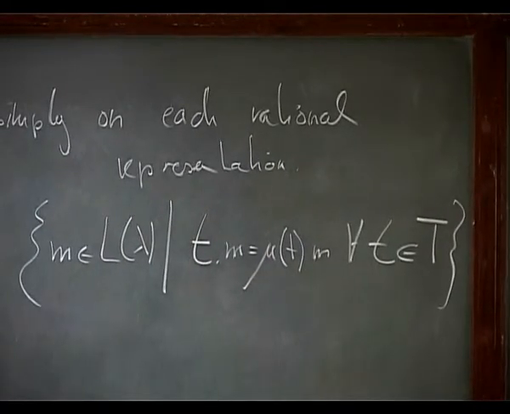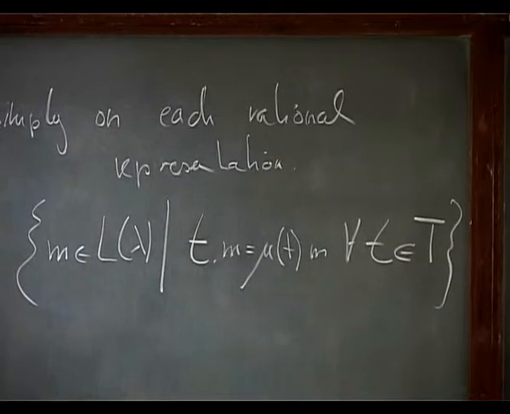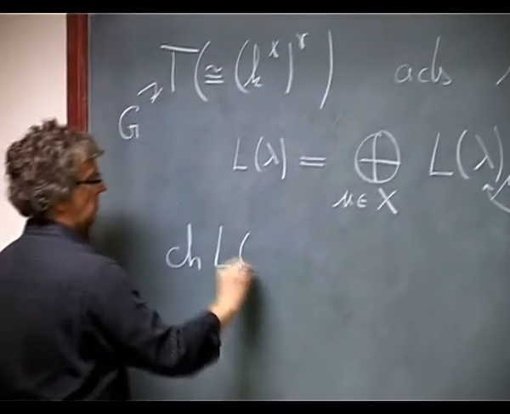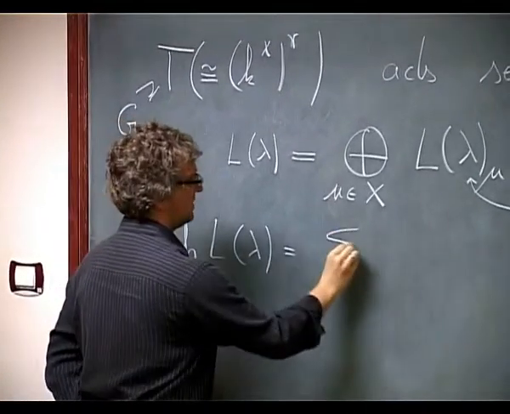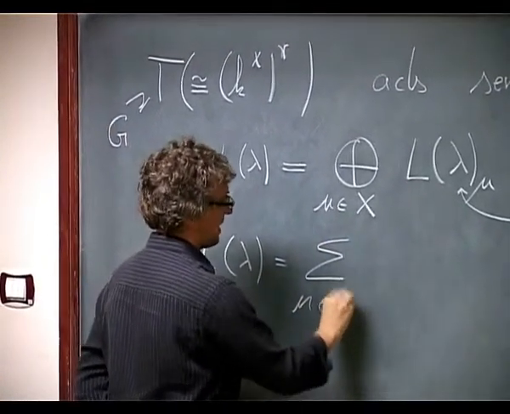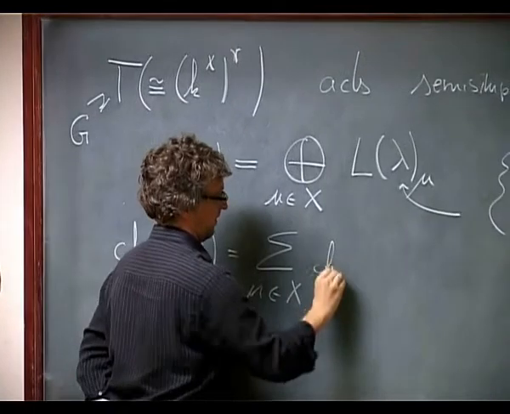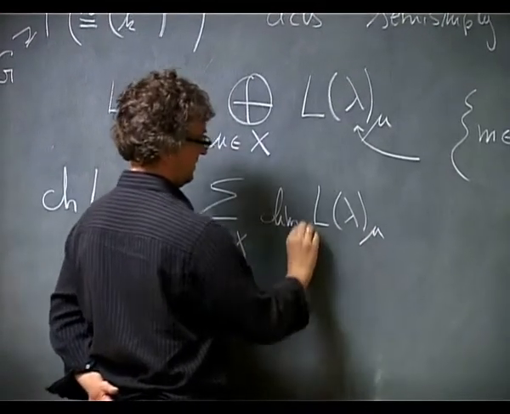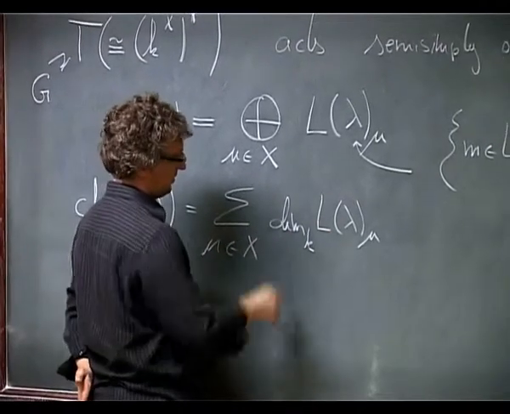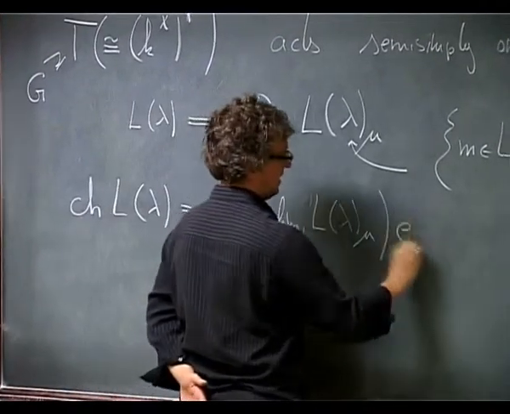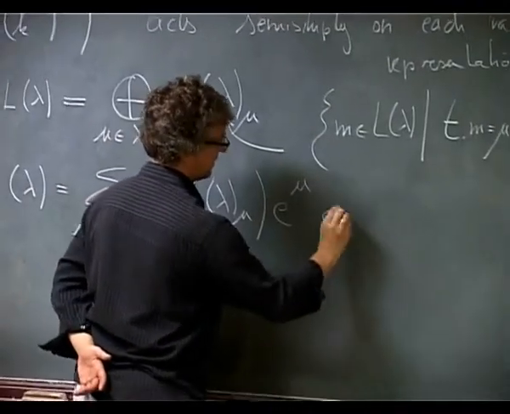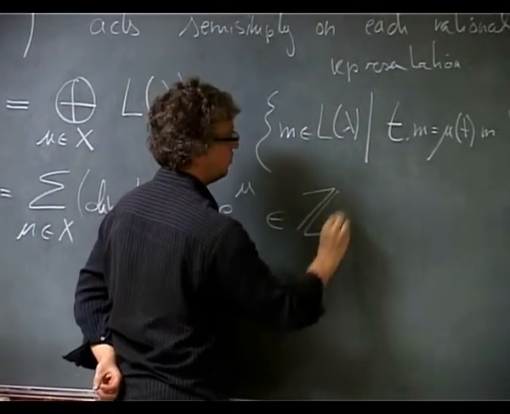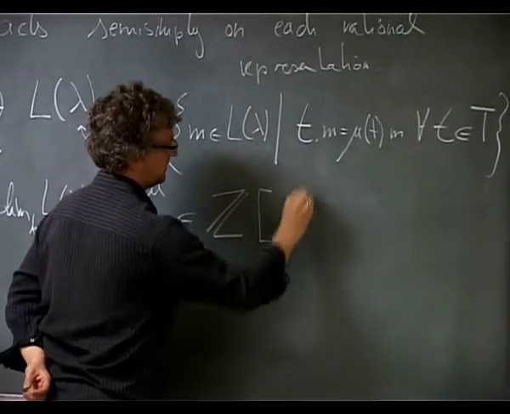This is the weight space decomposition of this module, and then you define the character of L lambda just as the formal sum of all the dimensions of these, which are K vector spaces. You calculate the dimension, and then you form this kind of sum, and you consider this as sitting inside the group ring of this abelian group X.